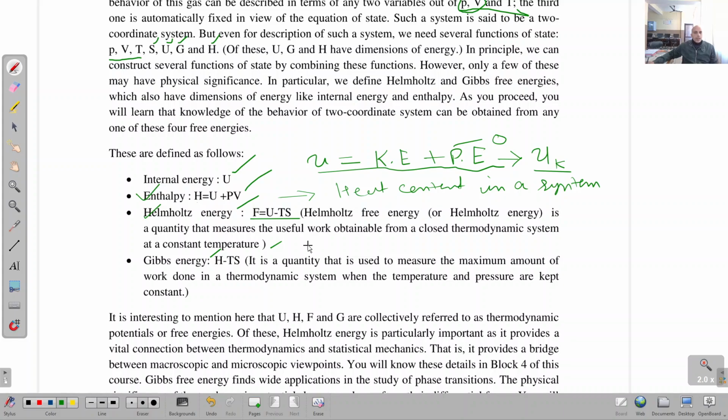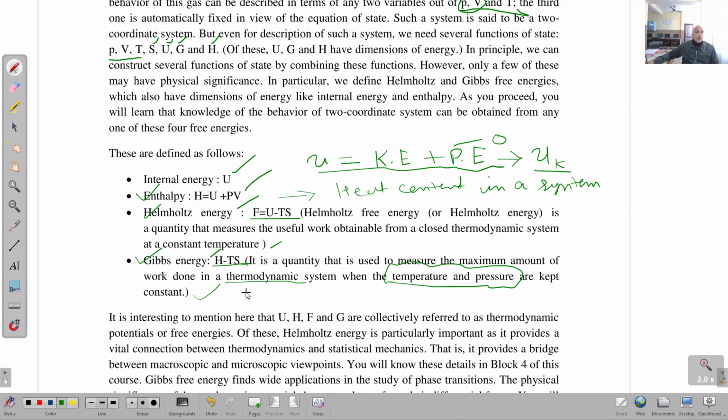So Helmholtz energy tells us how much work can be obtained from a thermodynamic system when the system is under thermal equilibrium. Now the fourth one, that is Gibbs free energy or Gibbs energy, this is H minus TS. Again it represents the maximum amount of work done in a thermodynamic system when the two things, temperature and pressure, are kept constant.